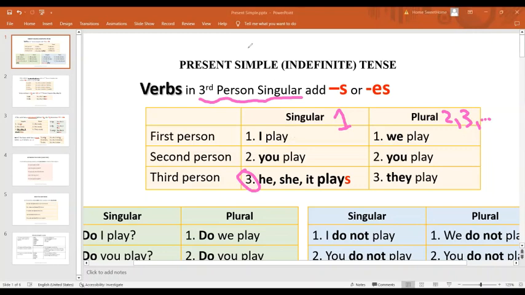I forgot to tell you that I, you, he, she, it, we, you, and they are pronouns, and we call them pronouns. Let's put it here. Pronouns. So you can go and translate this word for yourself.